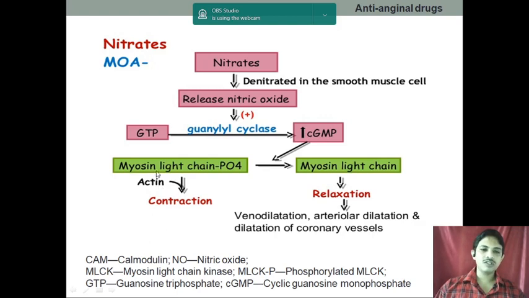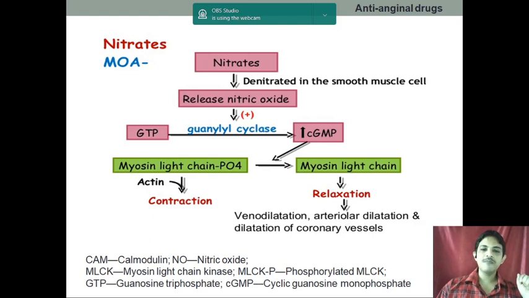Now, for the phosphorylation of myosin light chain, calcium is one of the agents responsible. The phosphorylated myosin light chain binds to the actin and produces the contraction.